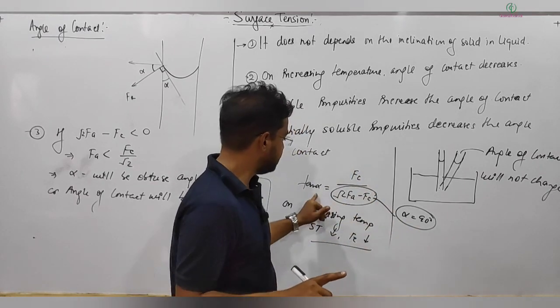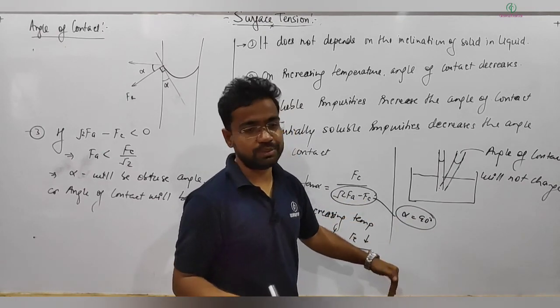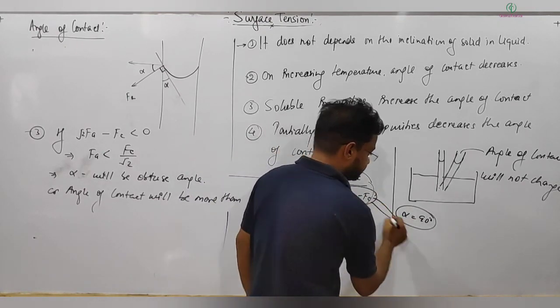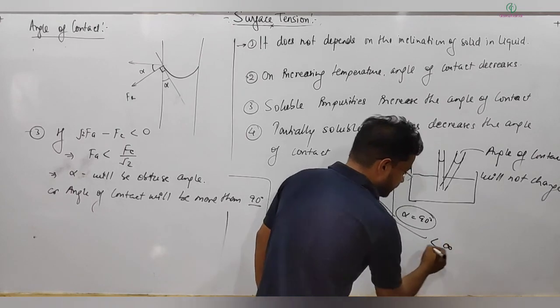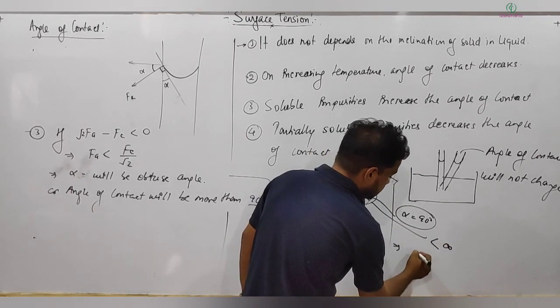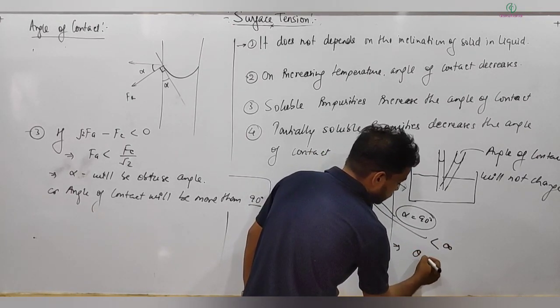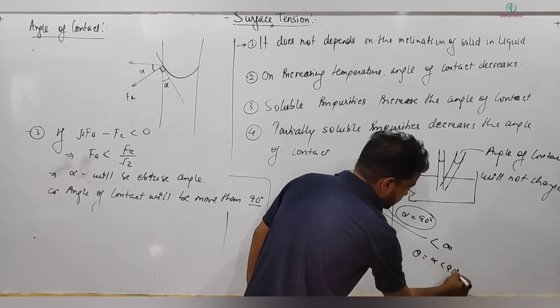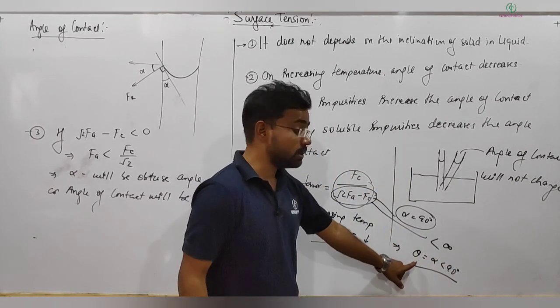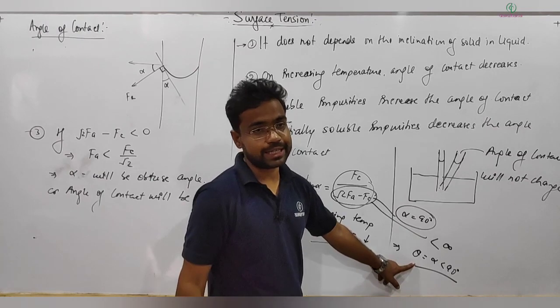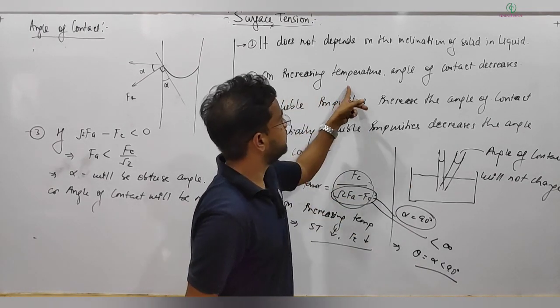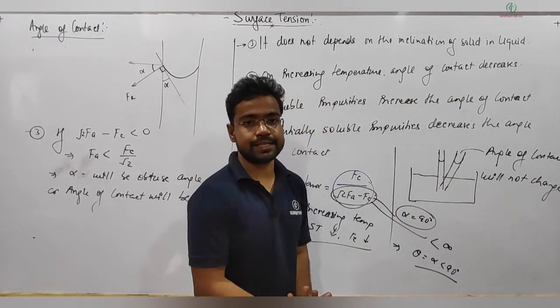Less than 90 degree means alpha will be acute, that is, theta equal to alpha is less than 90 degree. Clear? So that is what is happening: increasing temperature, angle of contact decreases.